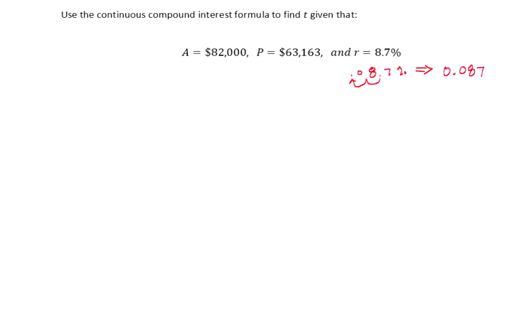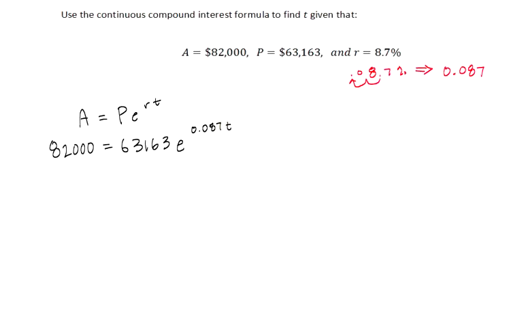So now that we've done that, we can write the continuous compound interest formula on our paper and substitute the values that we know. So in this case, we know that A is 82,000, P is 63,163, e is left as e, r is 0.087, and t is what we're trying to find, so we're going to leave that as t.